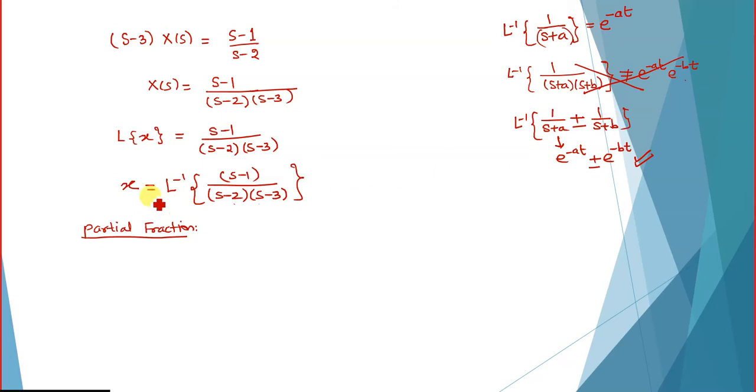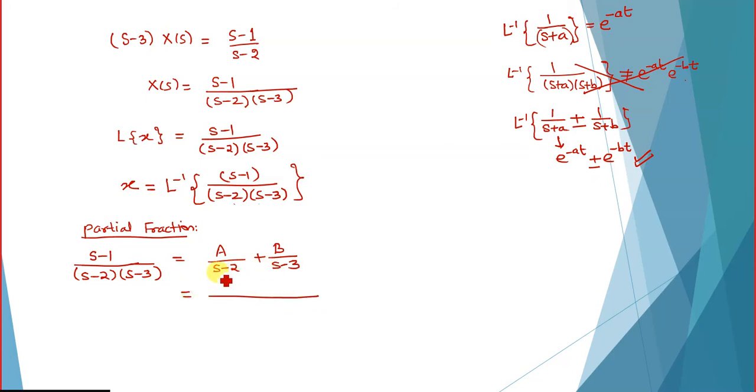That's why we use the method of partial fractions, so that we can write (s minus 1) over (s minus 2)(s minus 3) as A over (s minus 2) plus B over (s minus 3), and then we find the values of A and B by our procedure.